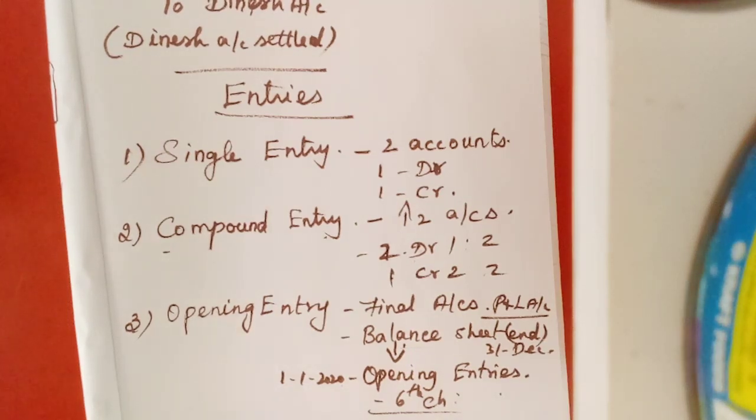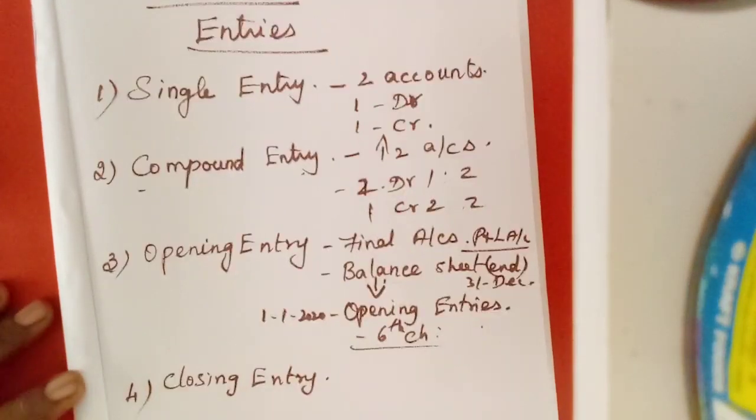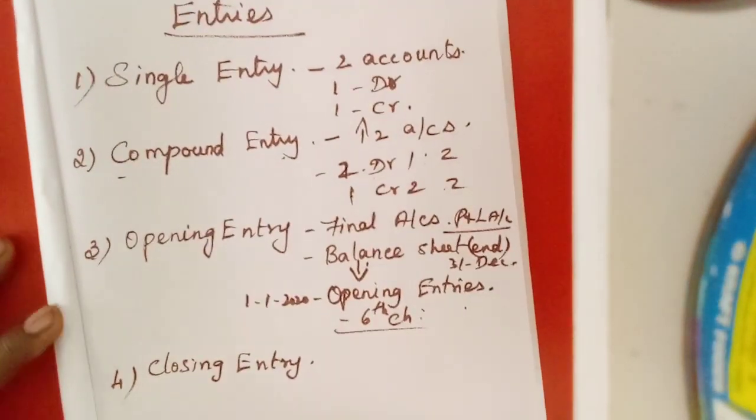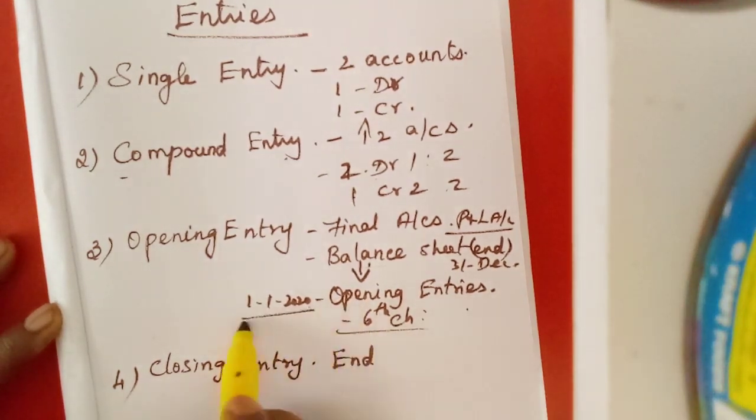Then another one, opposite of this opening entry, closing entries. Opening entries are at the beginning of the year.